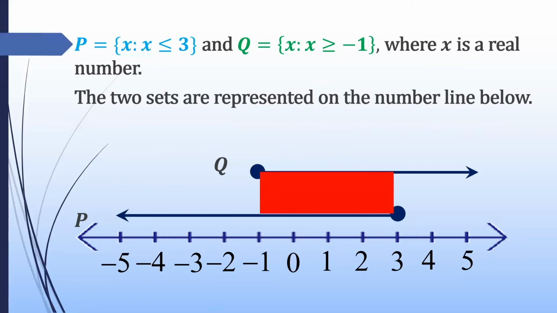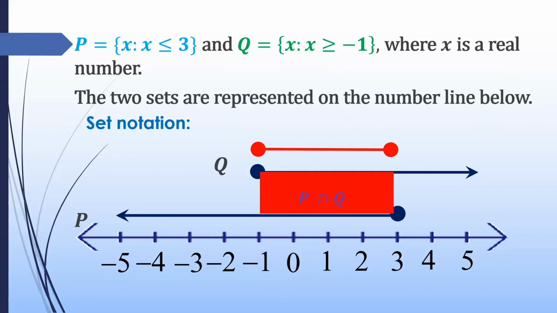Yes, the shaded region, the red region, represents the set P intersection Q. So these are the values which overlap for both sets. So this is the part showing P intersection Q.